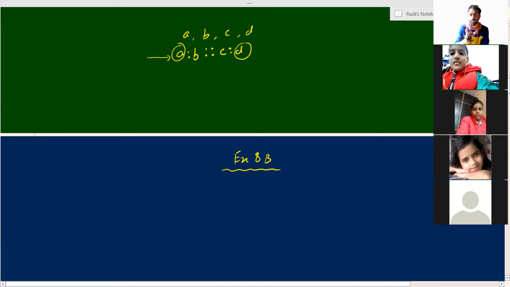Means are B and C, the numbers coming in the middle. So A into D is equal to B into C. This is the formula we can use when four numbers are in proportion.